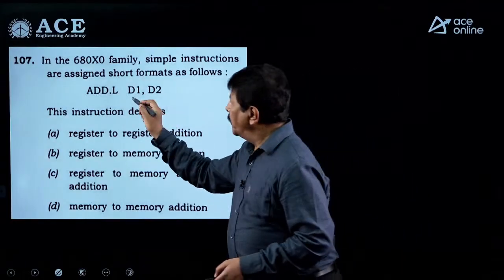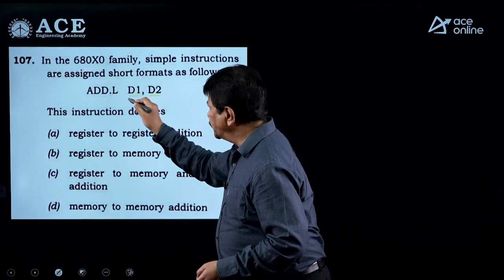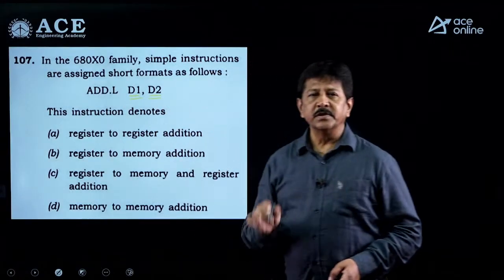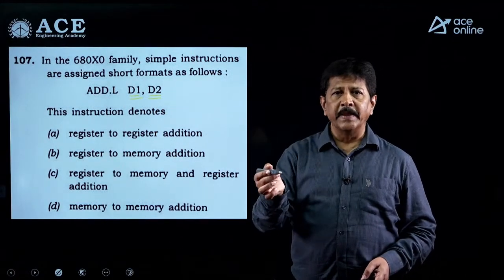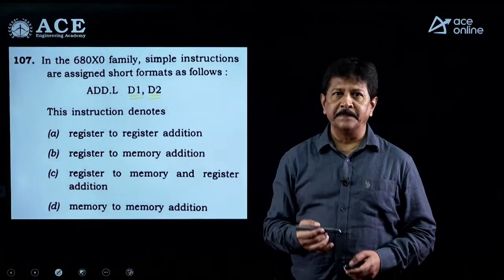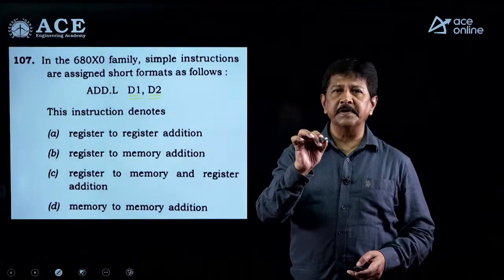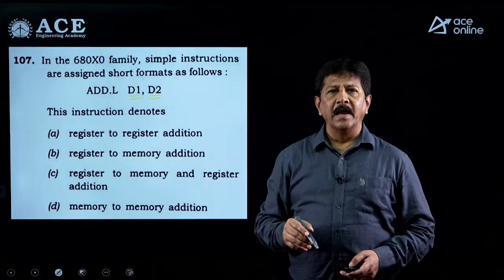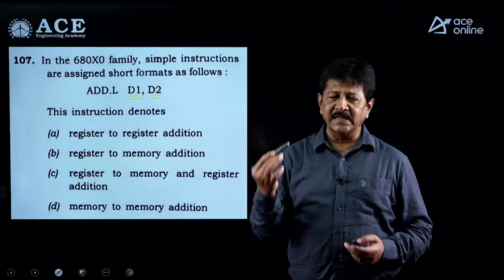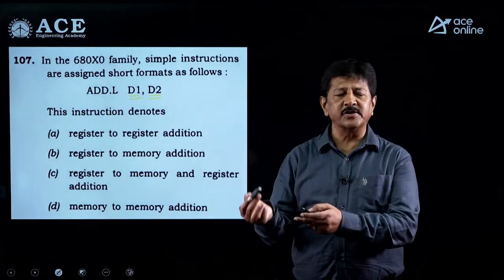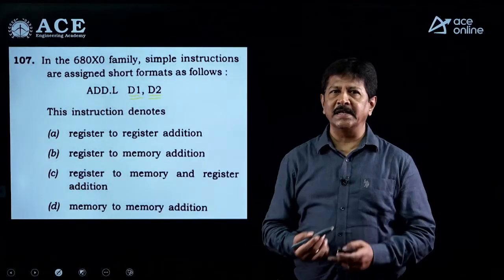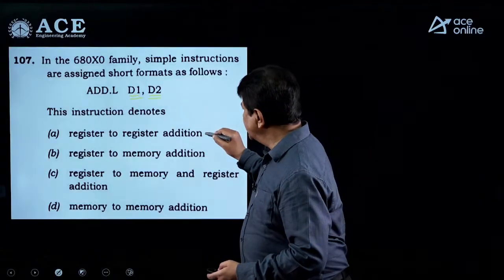As you can see here, both of them are shown with the same notation, D1 and D2. So they have to be either registers, or D1 and D2 should be memories. But in most processors, memory to memory data transfer will never occur. That's the reason, obviously, this has to be register to register data transfer. So the correct answer is this.